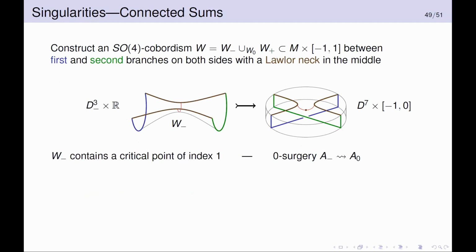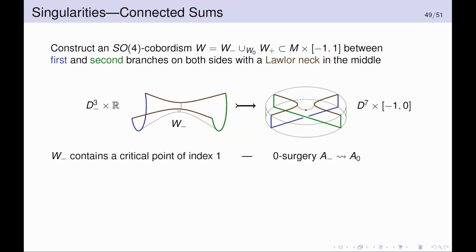Now it's just the 3-disk times the real line, conically asymptotic to the end of the blue and the end of the green associative. And you see here in the picture that the green one is lying on top of the blue one.